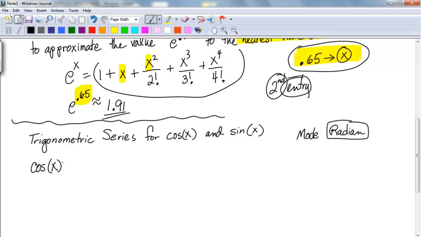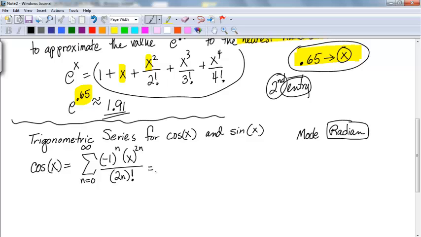For cosine of the angle x, I'm going to give you the summation formula for it. We're not really doing that much with the summation formulas, but just so you know, they can be written as a summation. In the numerator, it's -1 to the n power times x to the 2n power, all over the quantity 2n factorial, and n goes from 0 to infinity.